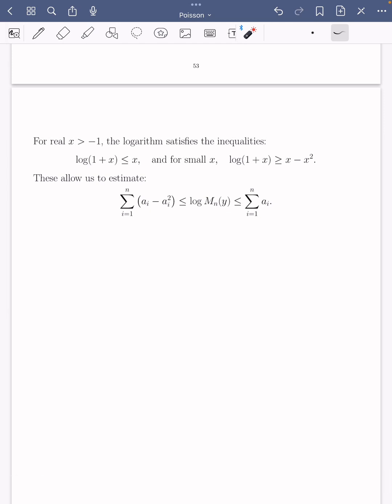For any real number x bigger than -1, we have the condition that log of 1 plus x is less than or equal to x, and also log of 1 plus x is larger than x minus x squared. This inequality allows us to estimate the log of M_n(y), since this log will be less than the sum of a_i, and also larger than the sum of a_i minus a_i squared.